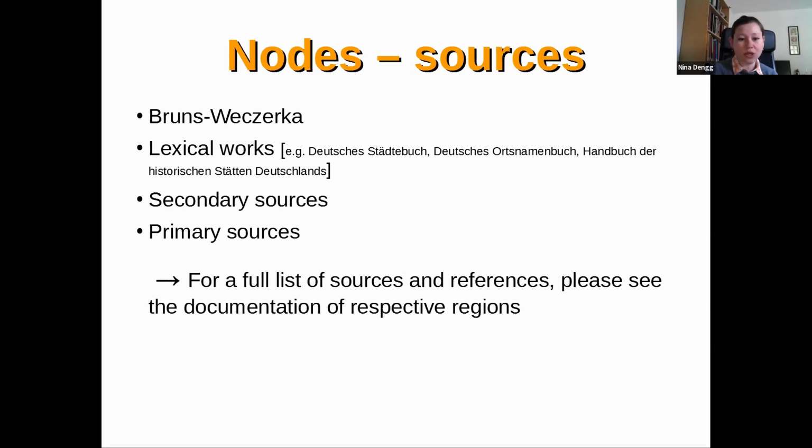We also drew some basic data from lexical works, such as the Deutsches Städtebuch, the Deutsches Ortsnamenbuch, or the Handbuch der historischen Stätten Deutschlands for the German part. Of course, a lot of secondary sources and to an extent primary sources. For a full list of sources, again, please have a look at the documentation. And also, since the sources differ greatly from region to region, also have a look at the documentation for the respective regions.